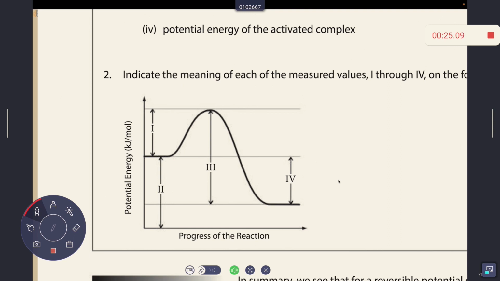What is this called right here? Oh, wait, no. Potential reaction. Three, yes, because the 3 is activation. Number 4 would be the delta, yeah. Change, because this one's called activation and this one's product.